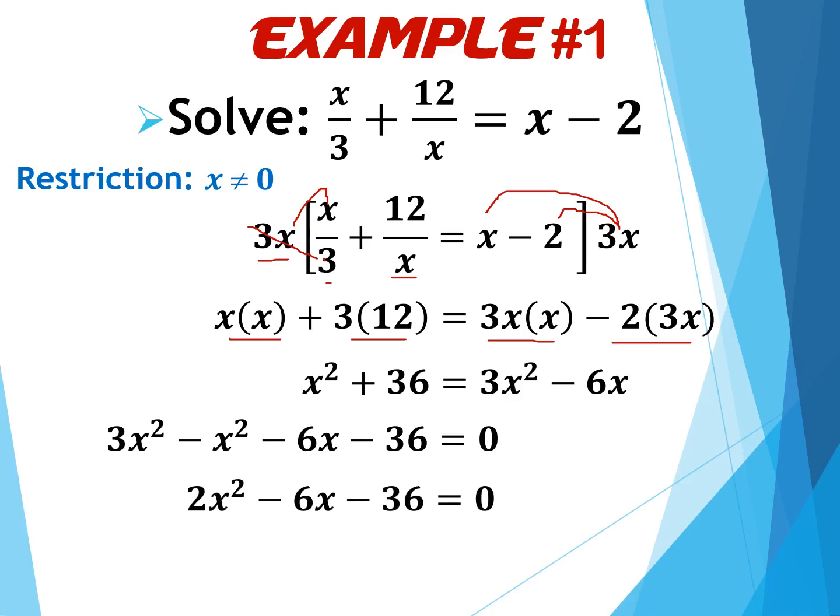Since this is quadratic, meaning you have two values of the variable x, we can determine the values of the variable by using the factoring method. So we can factor out 2 as the greatest common factor. You will have 2 times the quantity x squared minus 3x minus 18 equals 0.